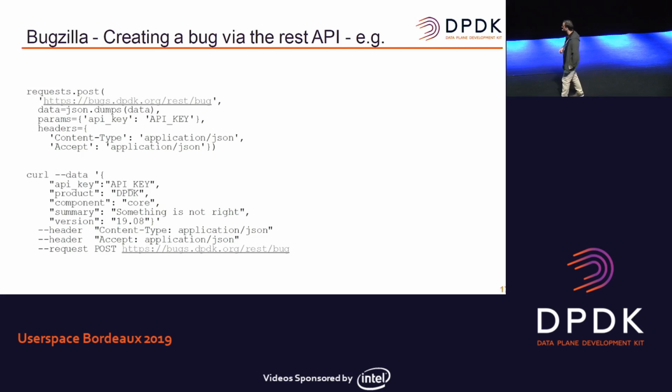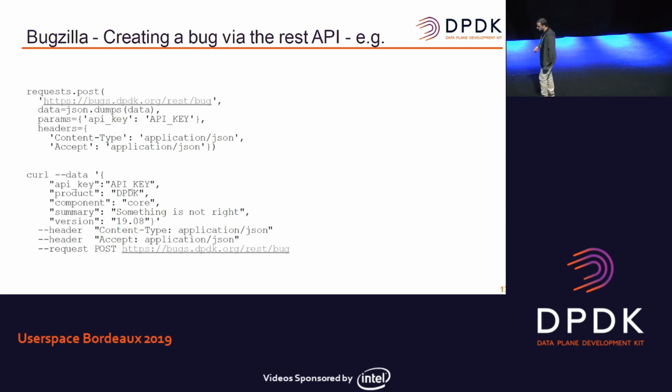Here are two examples, one with Python's requests framework and another with curl. You can see how a bug can be created with any of these. Please note that it's important to set the content type. It has to be application/json.